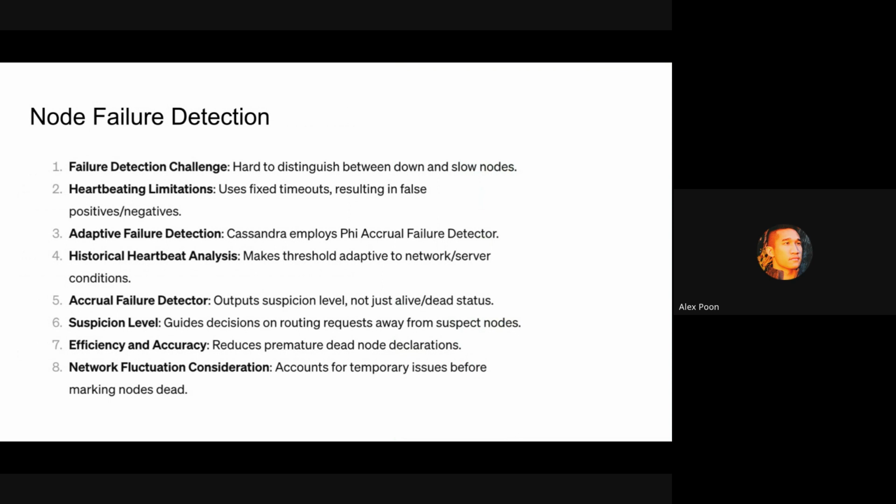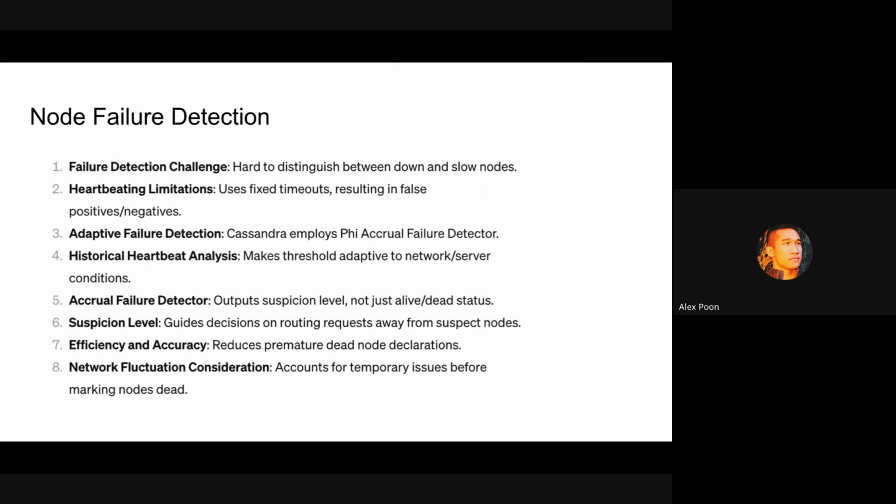Using phi accrual failure detector, if a node does not respond, its suspicion level is increased and could be declared dead later. As a node's suspicion level increases, the system can gradually decide to stop sending new requests to it.